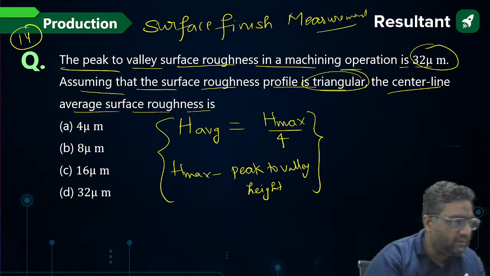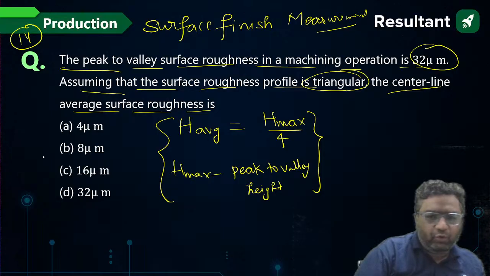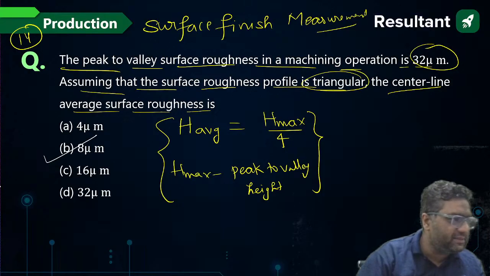Obviously, you just need to do 32 by 4. It will be 8 microns. B is going to be the right answer. Question number 14, I feel everybody understood this.